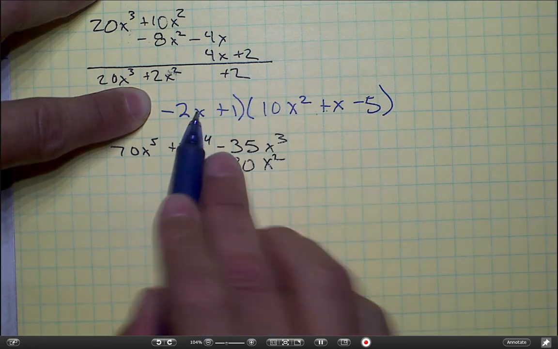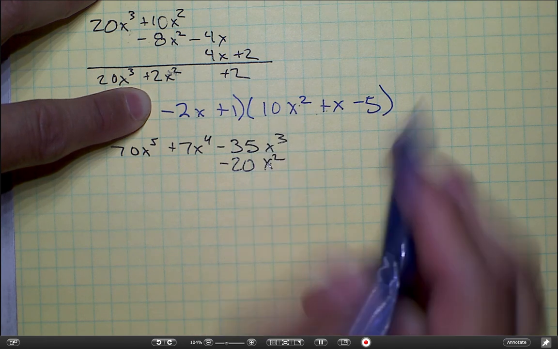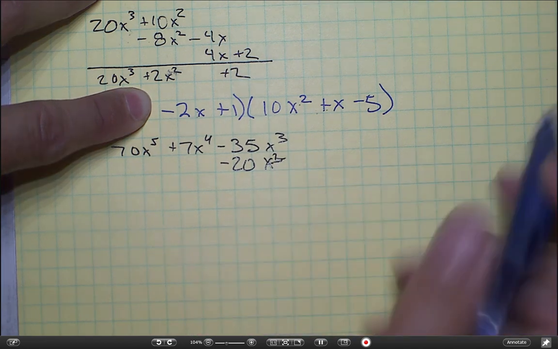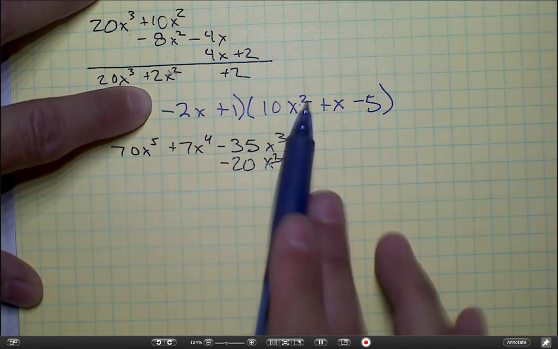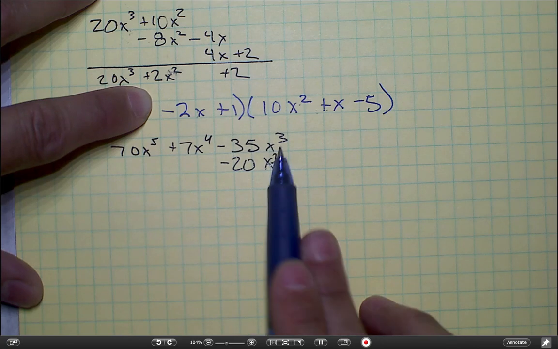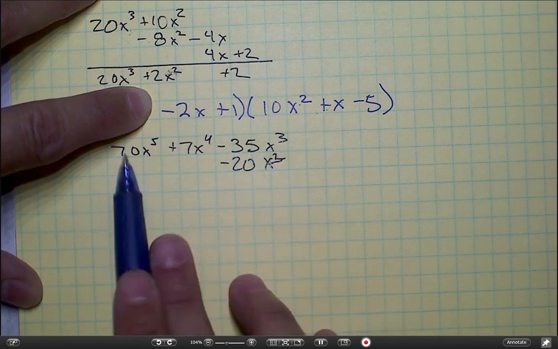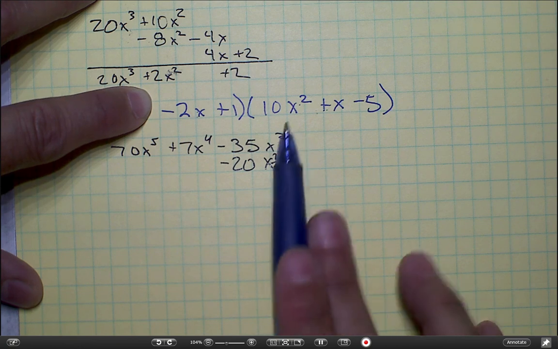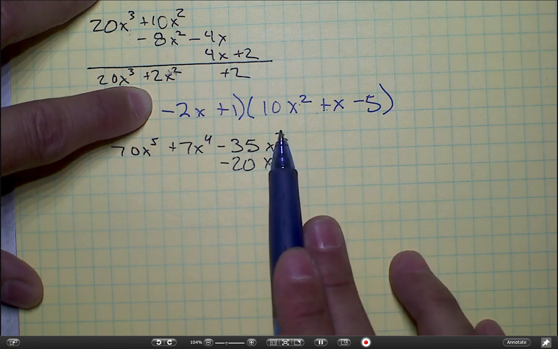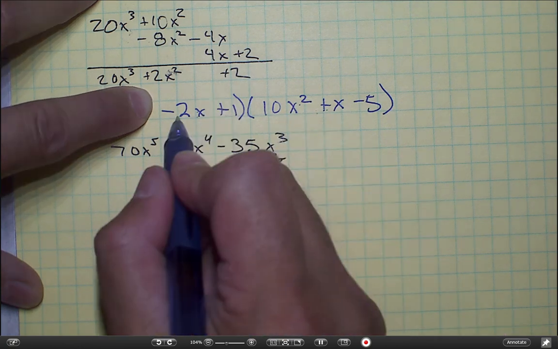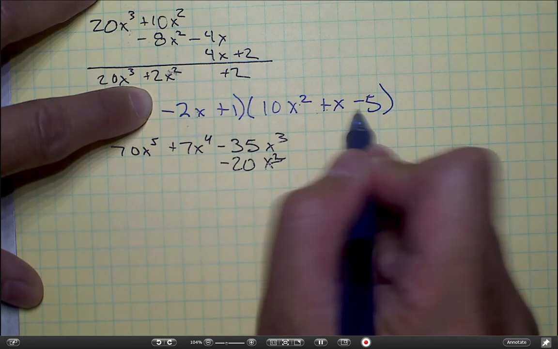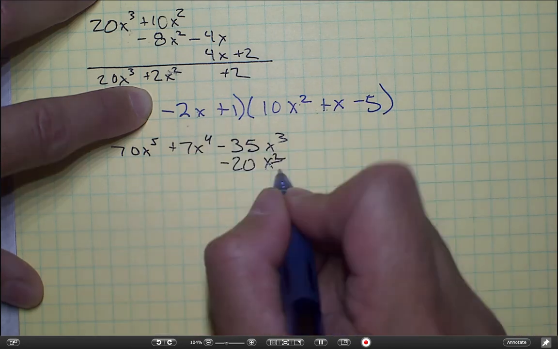Yep, because x times x squared is x cubed. Because it's an x cubed, isn't it? So it lines up with the other x cubed. That's the reason why the stacking method. We want to line up those x cubes together. Then it's going to become a minus 2x squared.